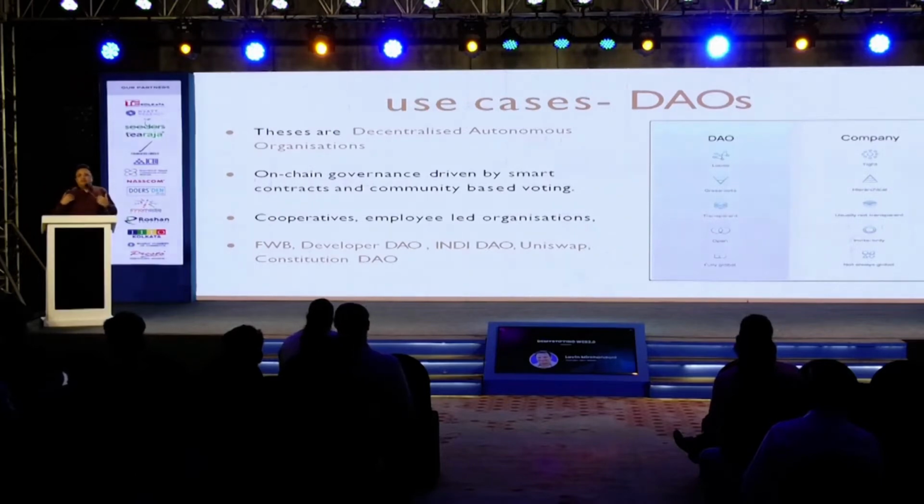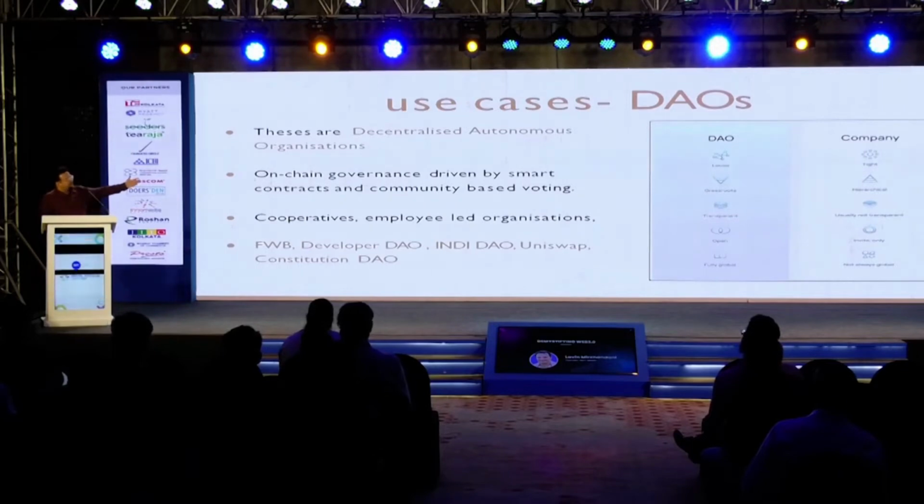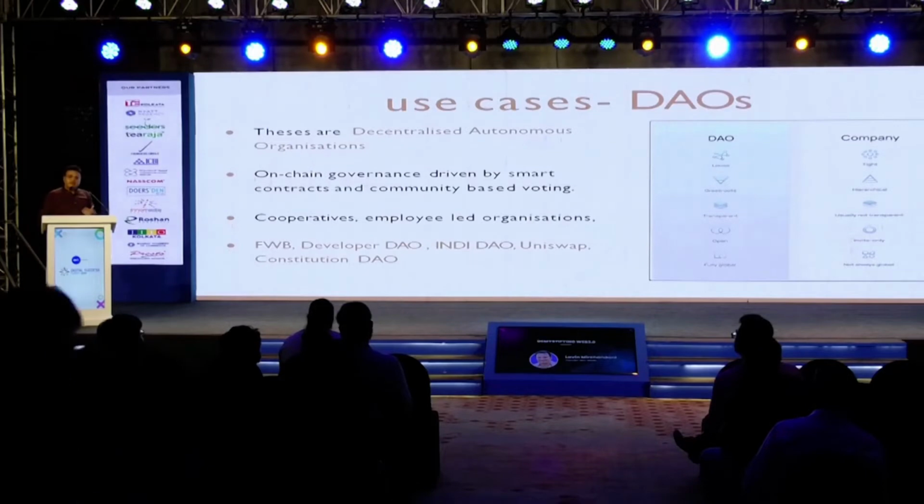It's a company, but the holders of the company, the shareholders or the unit holders, actually govern. Right, it's member-led. If you see the screen on the right side, you'll see a comparison of how DAOs work and how companies work. And this is how all products are actually structuring themselves in Web3, because the core philosophy of decentralization and ownership economy scales to forming companies like this.